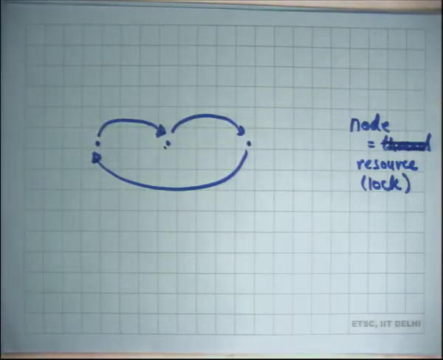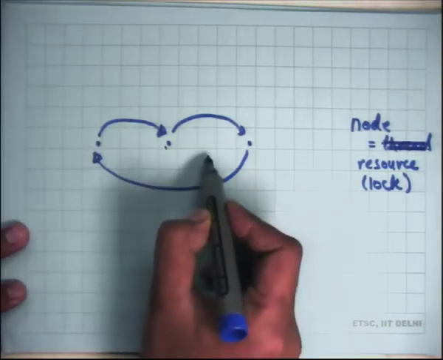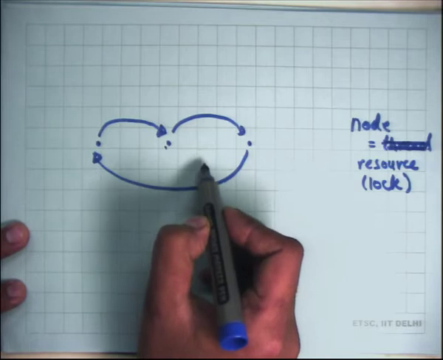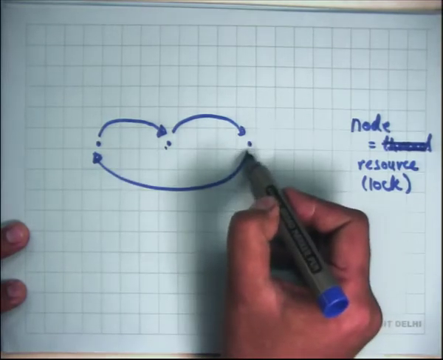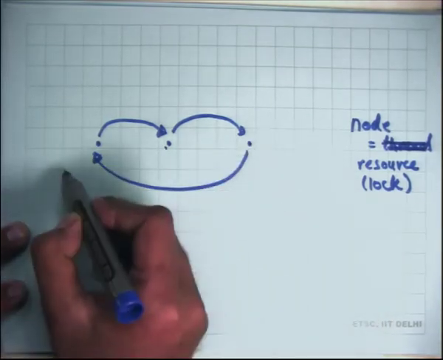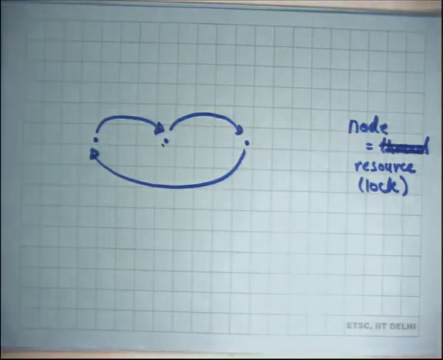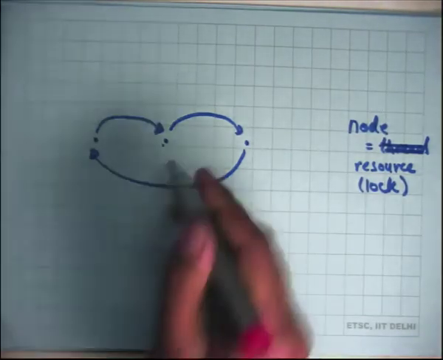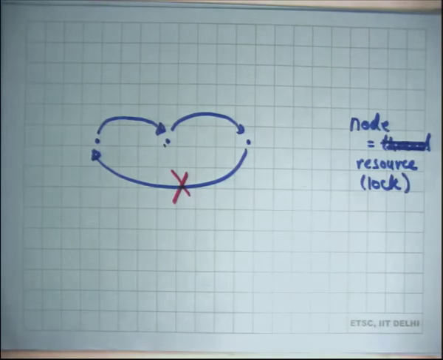So in the example in our accounts, a deadlock could occur because it's possible that one thread is holding account X and requesting account Y, and another thread is holding account Y and requesting account X. But if I put a total order on these resources, on these locks, and I make sure that such backward edges never exist, then there can never be a cycle.